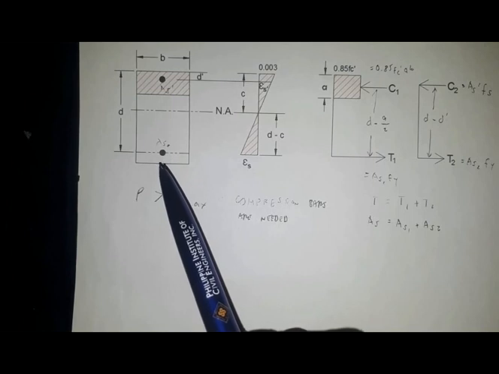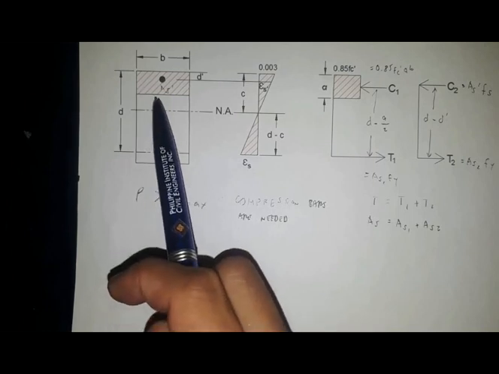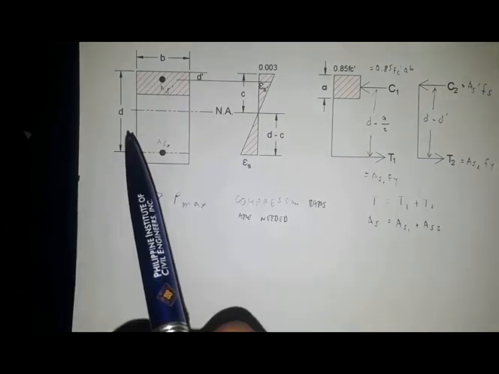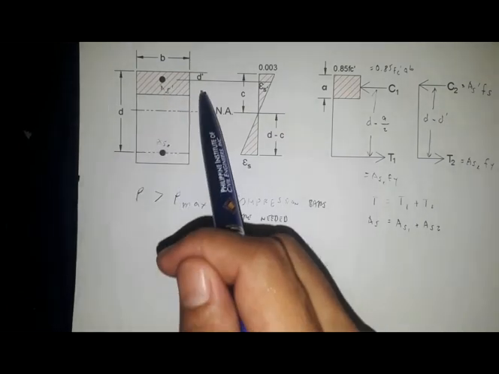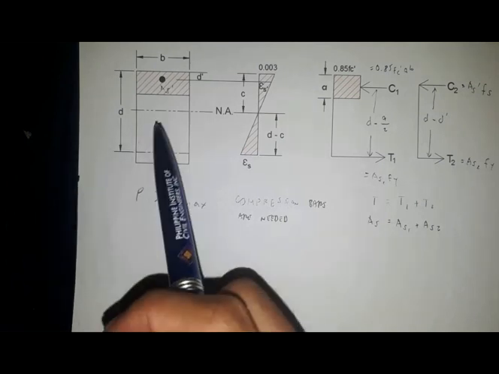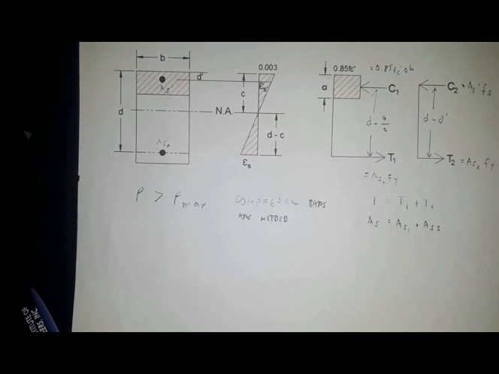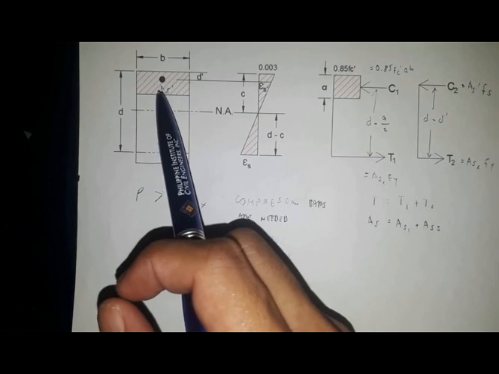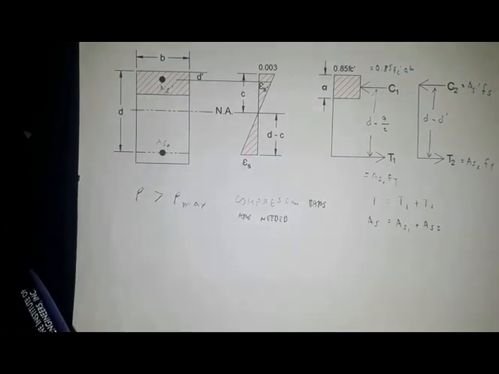So, to avoid that, maglalagay tayo ng compression steel, ng steel sa taas, para yung steel yung maunang mag-yield before yung concrete. That is why we have to design the area of steel sa compression side na kailangan para mag-yield yung compression bars.